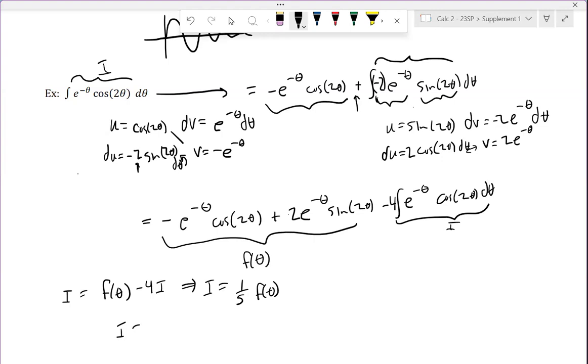Or this tells me that my integral is negative 1/5 e to the minus theta cos of 2 theta plus 2/5 e to the minus theta sine 2 theta, and then plus c.